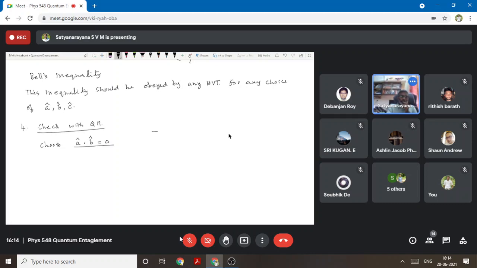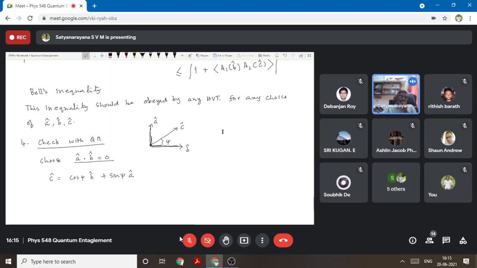So that means, let's say this is your A cap and this is your B cap. Now you choose your C cap like this, and let's say this angle is some psi. Then you can say that your C cap is equal to cos psi into B cap plus sine psi into A cap. Correct?